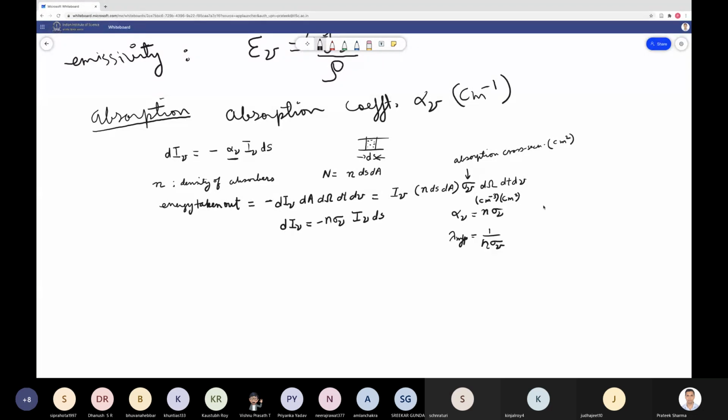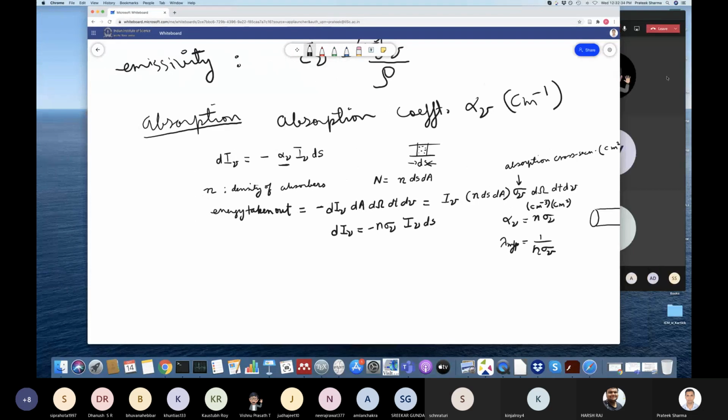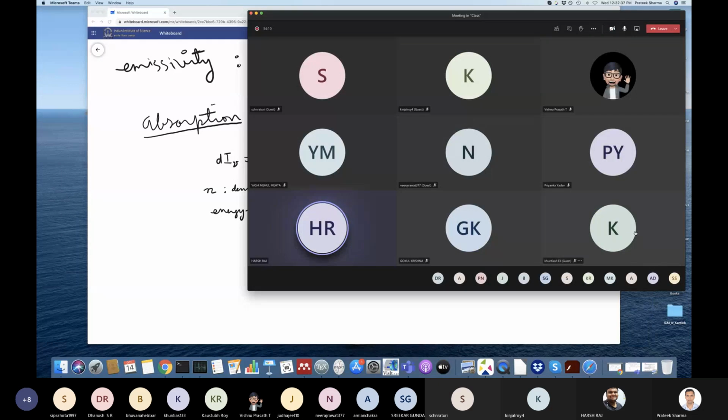So if you have, if you consider like a, can you please mute yourself? Someone has a mic. Oh, someone has a mic which is not off. Hello, Harsh Raj.